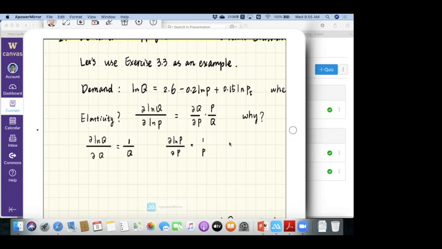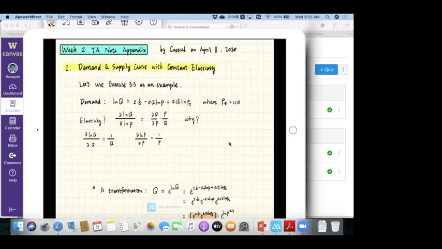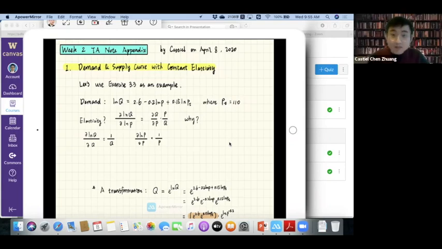A question. Okay, please ask. How do you know that tomato paste and the tomato were substitutes? Okay. By looking at the equation, you can see that when the price of tomato paste is higher, you buy more processing tomato, right?